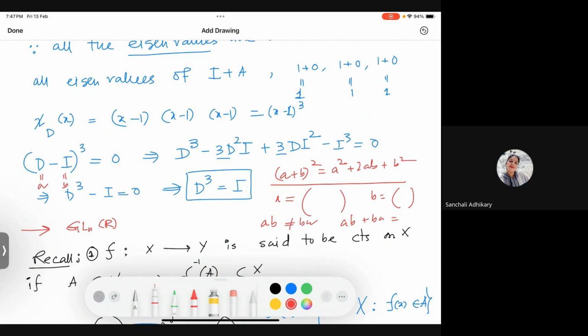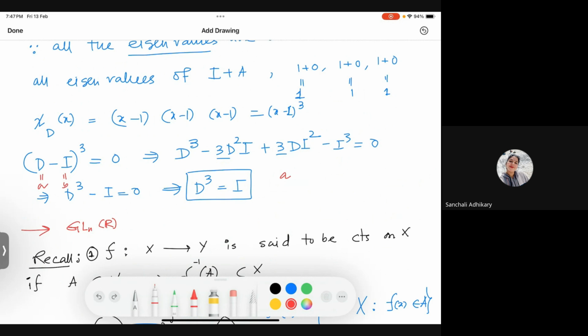Similarly, I am asking, is this formula true?